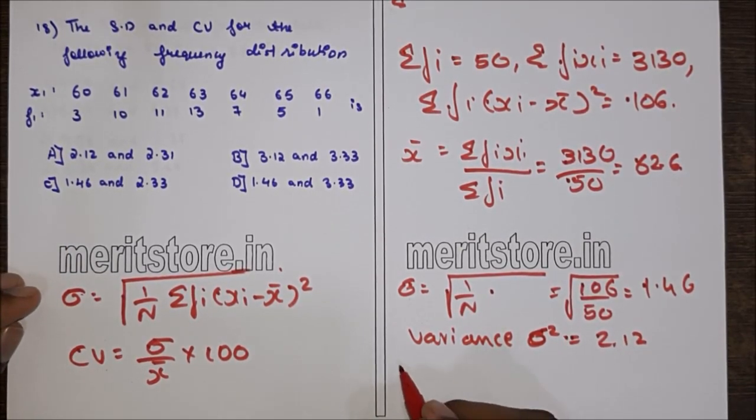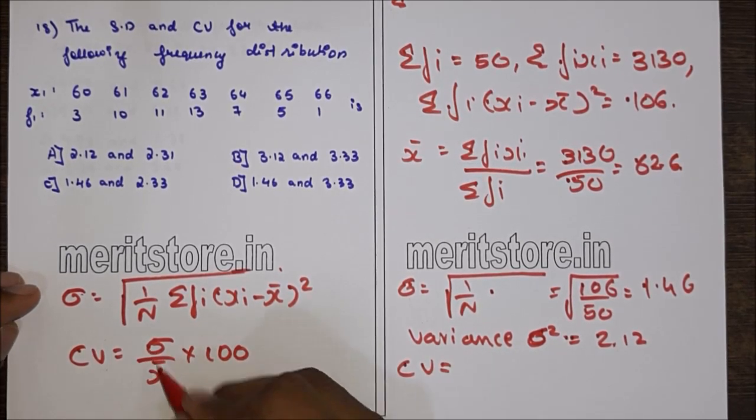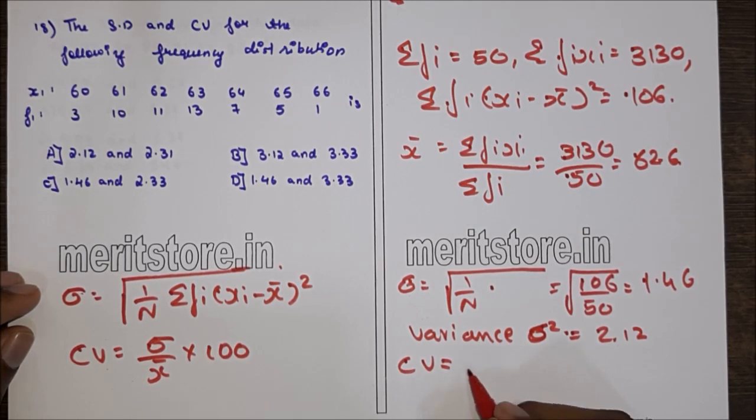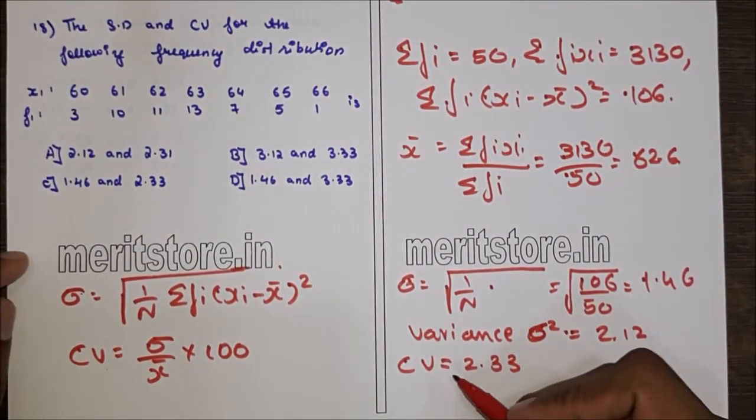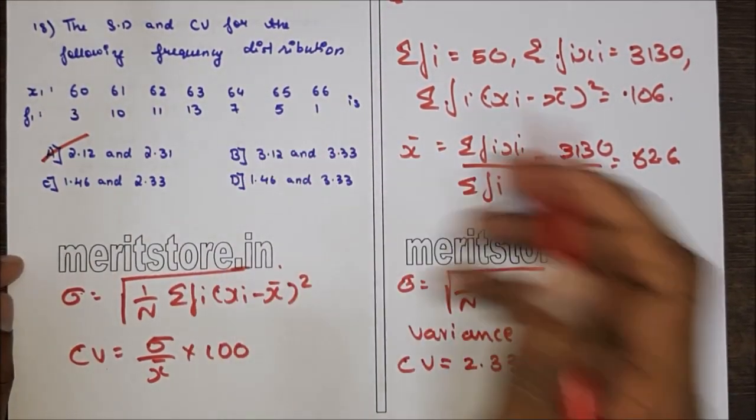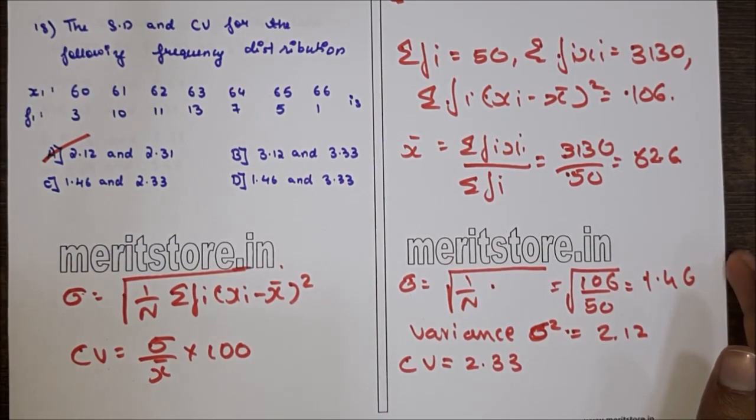So the coefficient of variance, that is Cv, is sigma upon x bar into 100. We substitute this value and solve, we get 2.33, which matches with option A. Therefore A is the correct answer.